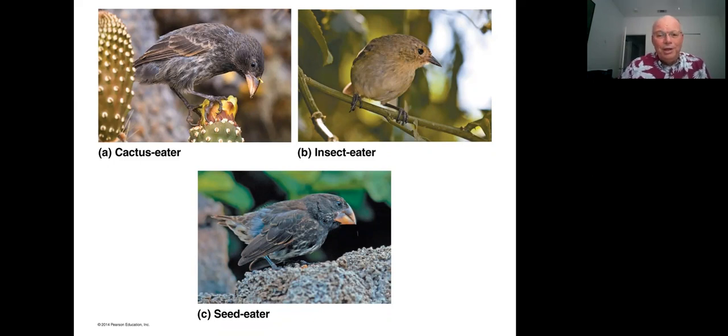Any individuals who could utilize those food resources, Darwin realized, would have a real advantage. And they would be the ones that would thrive, and they would be the ones that would leave behind offspring. And based on what he knew about inheritance, which is not very much, he realized that the offspring would be most likely to inherit the advantages of their parents. And if that happened over long periods of time, you would expect the populations to start to look like the winners here, those that had the advantageous features. There is the basis for natural selection right there.